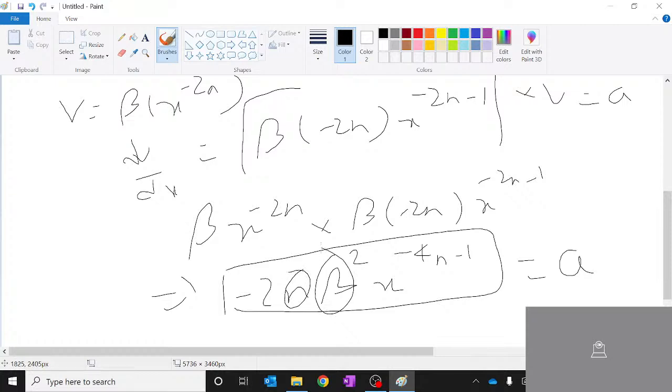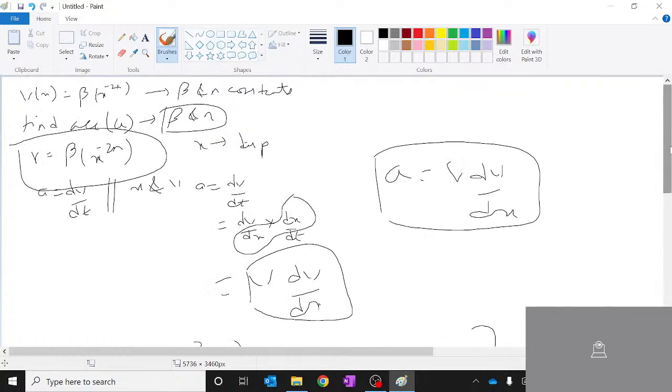Clear? Understood? So the most important concept is expressing the acceleration in terms of v and x. If this strikes you, it's a simple, plain old calculus formula, nothing more than this.